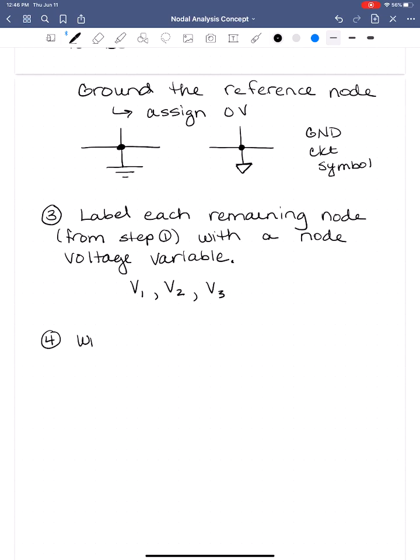All right, so step 4. We are going to write our nodal equations, which again are just KCL equations, at each node from step 3.